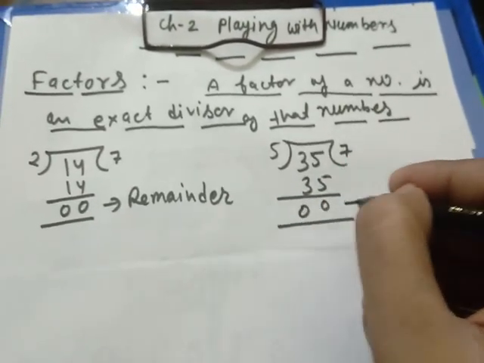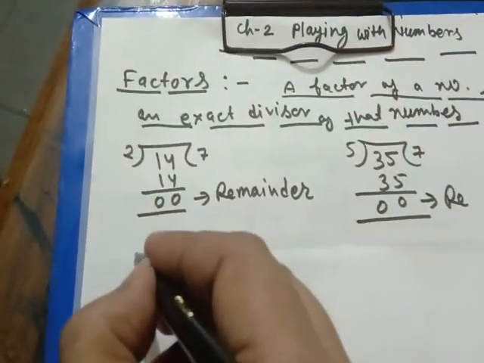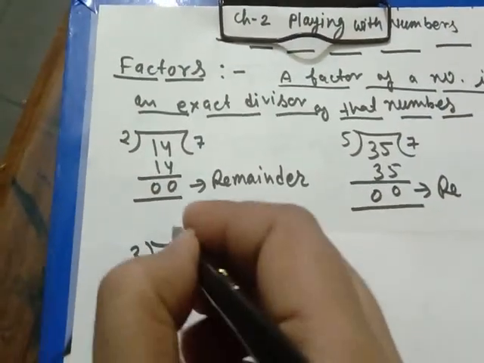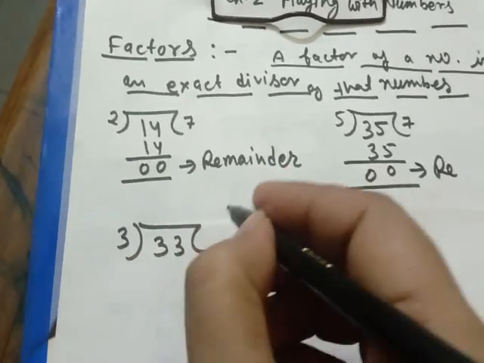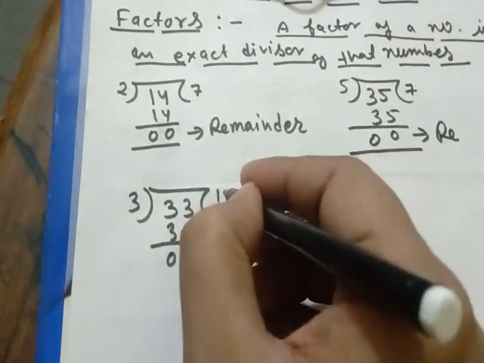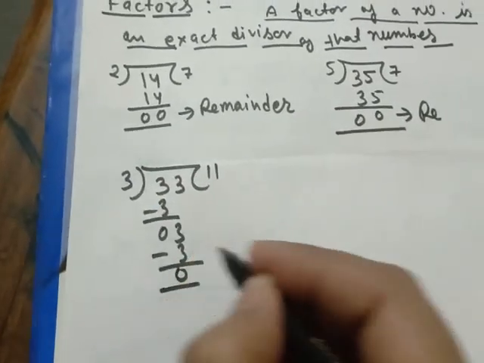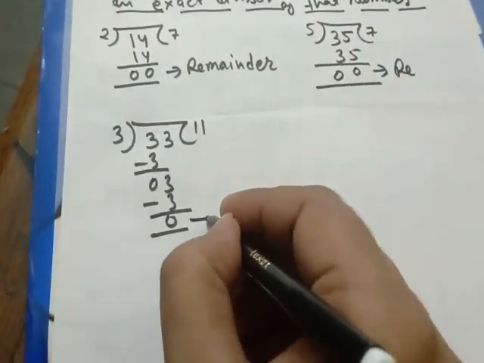Again the remainder is 0. Some more examples. 3 1 ja 3. And again remainder is 0.